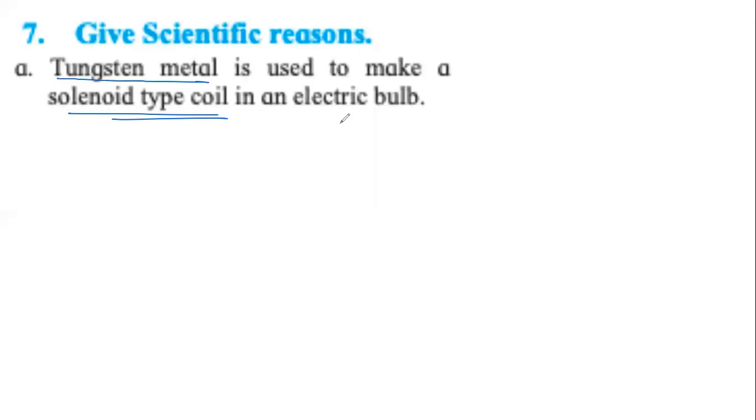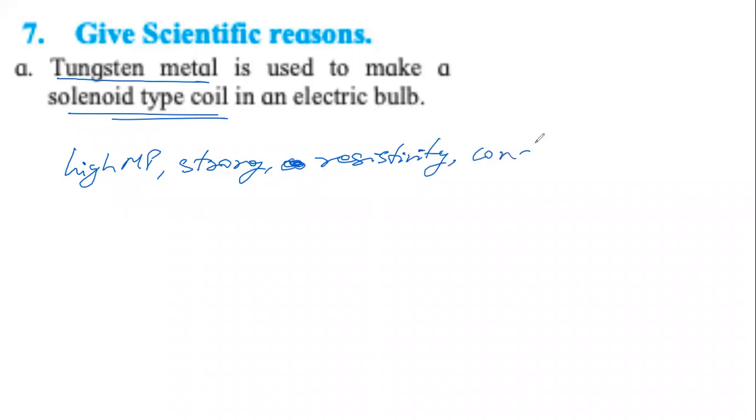So in an electric bulb, we need a metal which has high melting point, which is strong, and which is a good conductor, or which has high resistivity and is a conductor. So we use tungsten. Tungsten has high melting point, it is strong, it has high resistivity, and it is a conductor. It is strong, so we are able to make a very thin filament out of it.